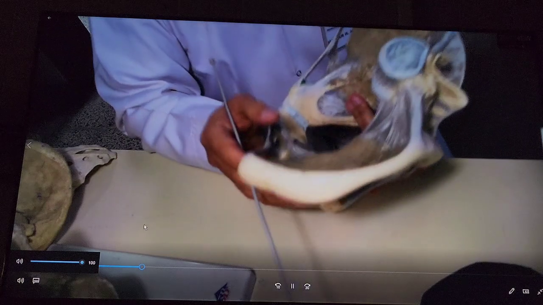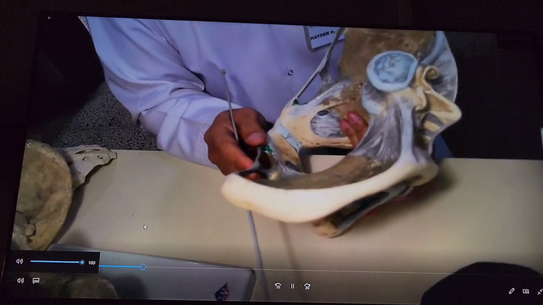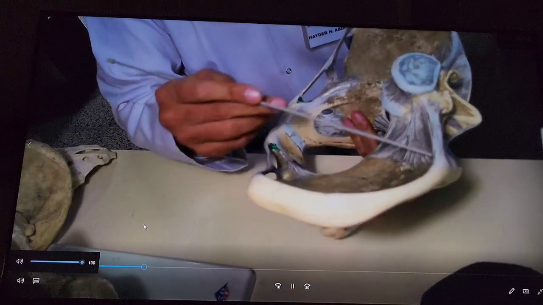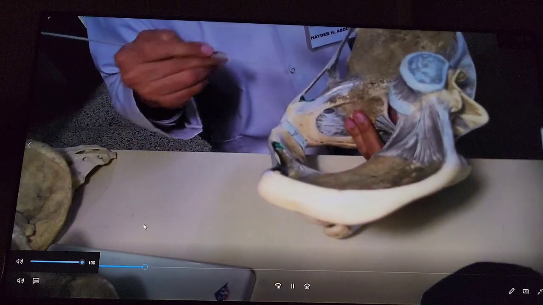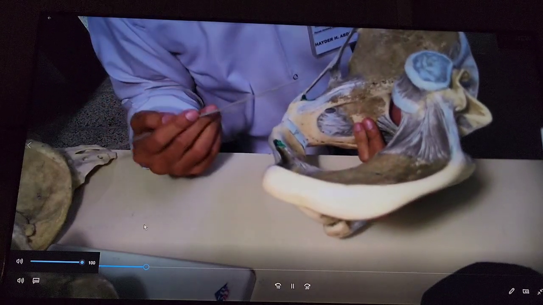The pelvis can be divided into two parts: the false pelvis and the true pelvis.